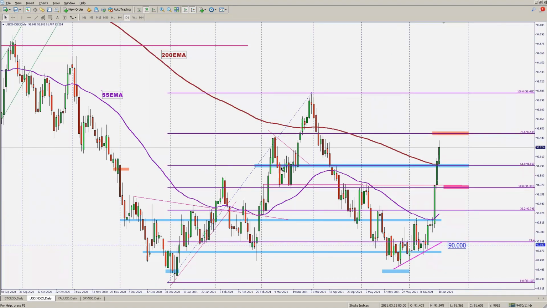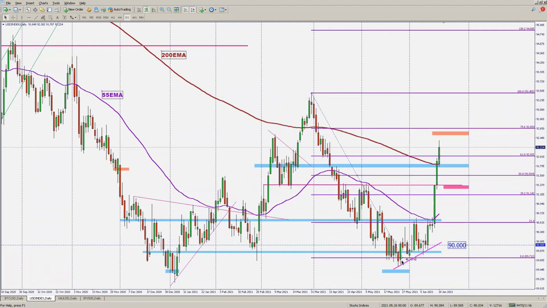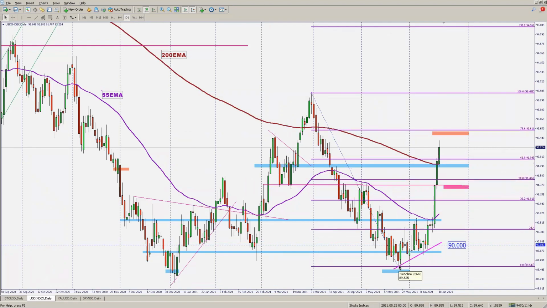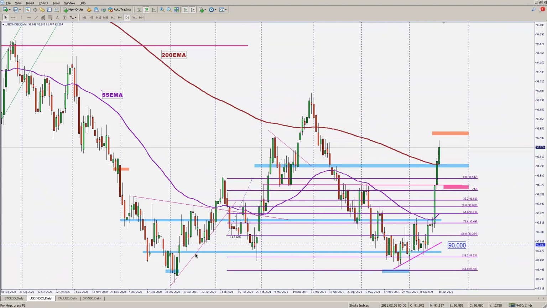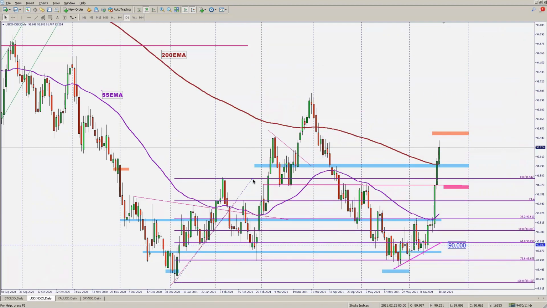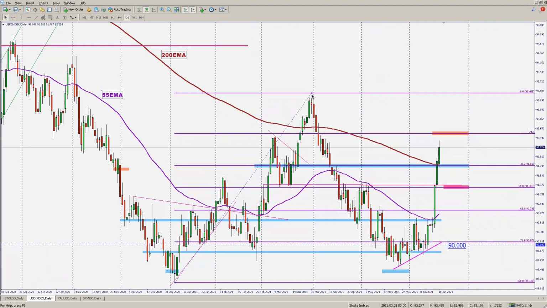I can either leave this one here, or I can also shift this fib over here. But for now, we'll just leave it here as a retracement coming back up to the 21 fib retracement area.